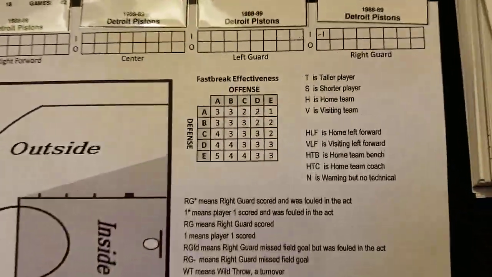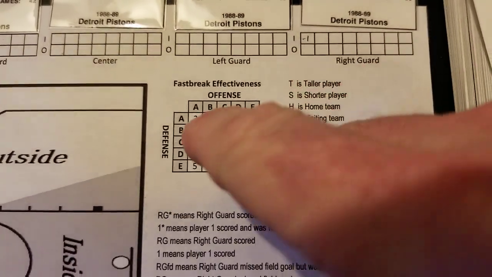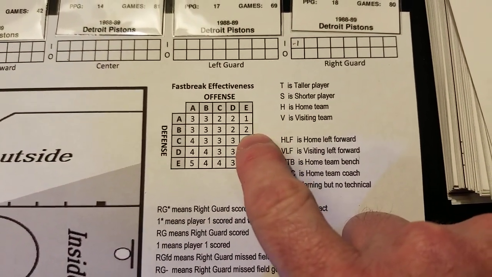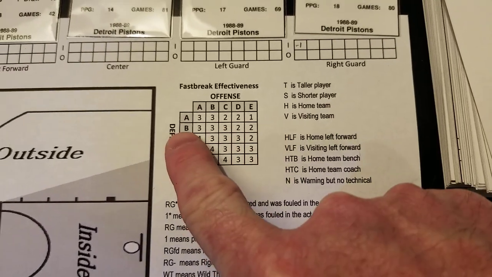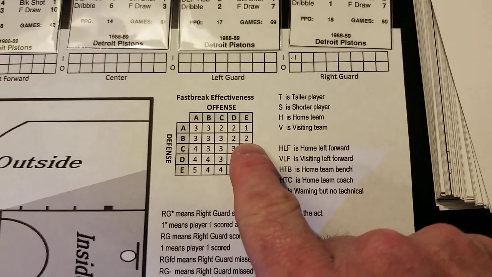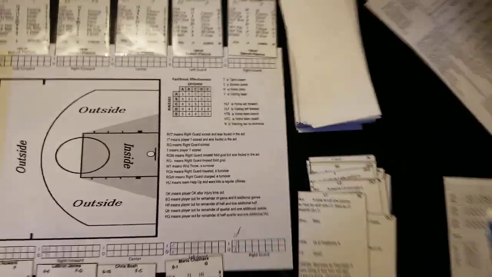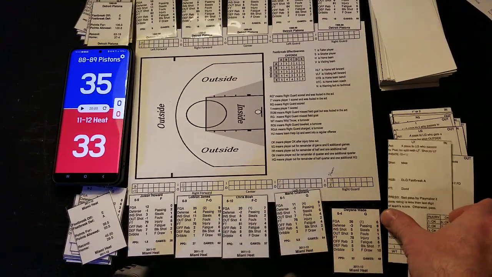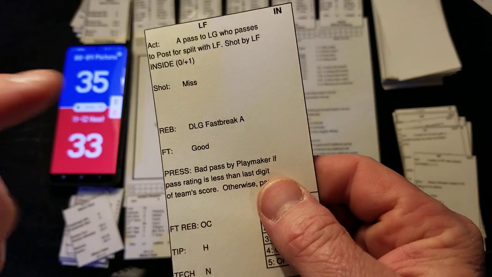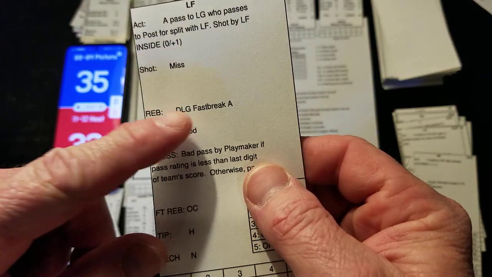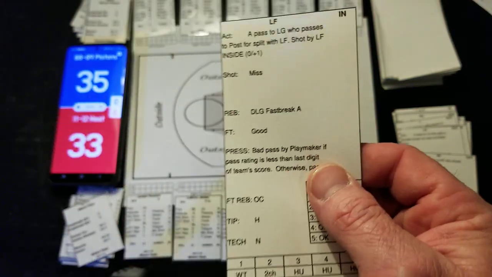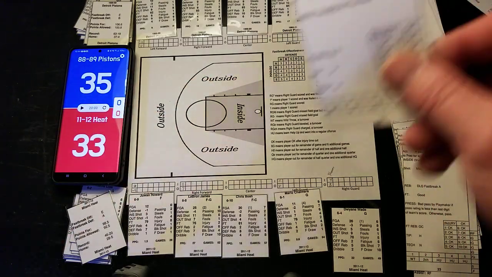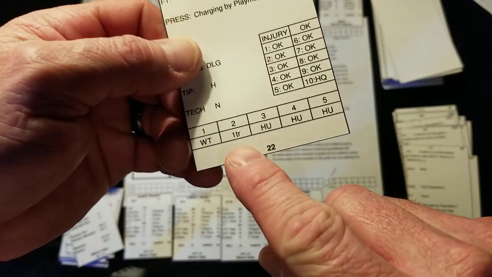So right there, you got an E fast break against a B defense. So that's a 2. Now we're looking at 2. This is the card that told us we had a fast break. Obviously, we're disregarding that A. So we got a fast break. We looked at what we need to look at. It's 2. So we're going to flip the next card over, and we're going to look at 2.